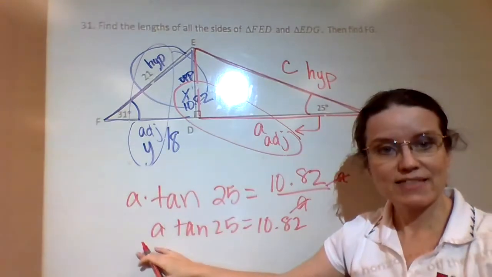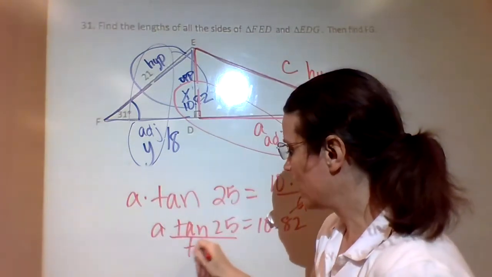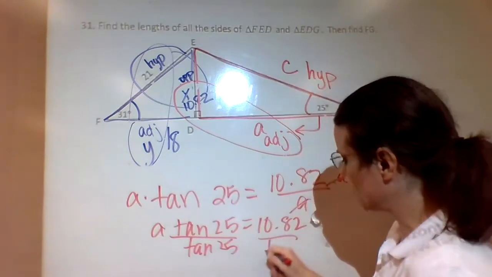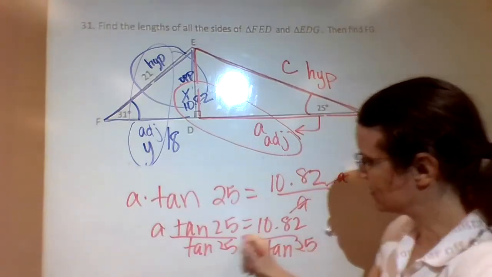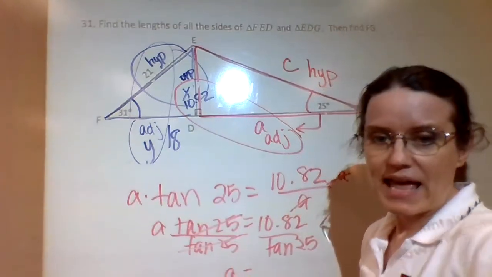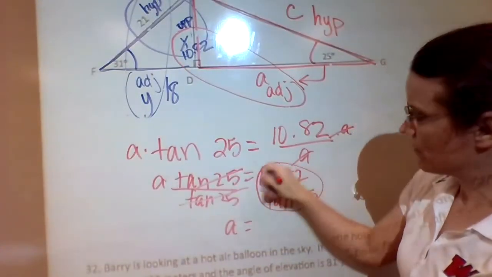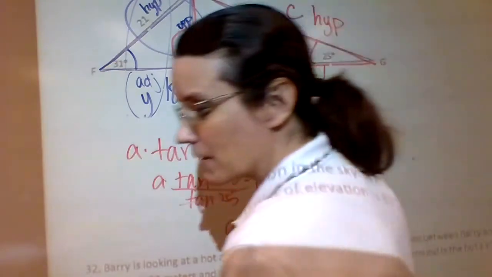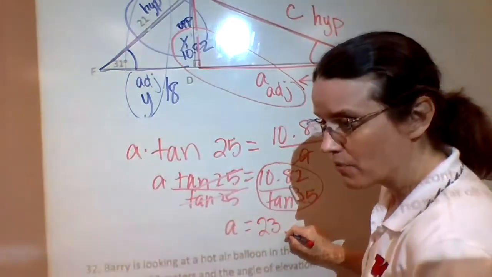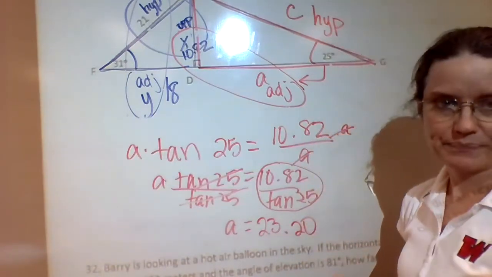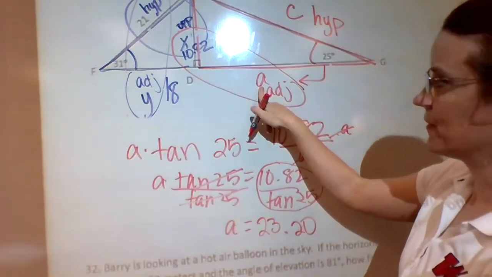Then, to isolate the A, I will divide off the tangent of 25 from both sides. And A will turn out to equal whatever I get when I put this in my calculator, which comes to 23.20 for the length of this side right here.